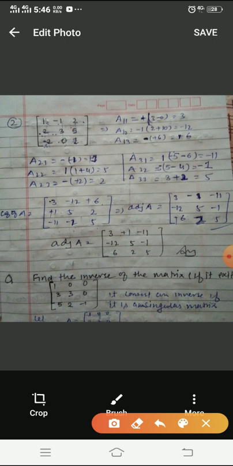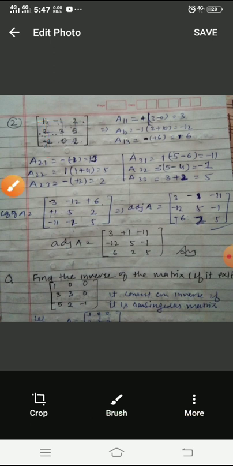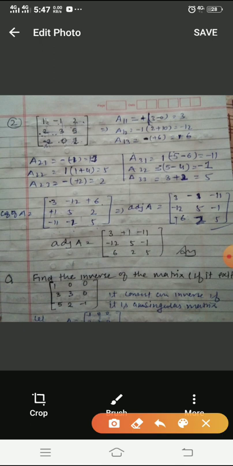Suppose I want to find the cofactor of the first element. As I already told you, we are finding the cofactor of this first element 1. For that you have to eliminate this row and this column. Clear? So what is remaining? We have 4 elements remaining, and we find this by cross multiplying.